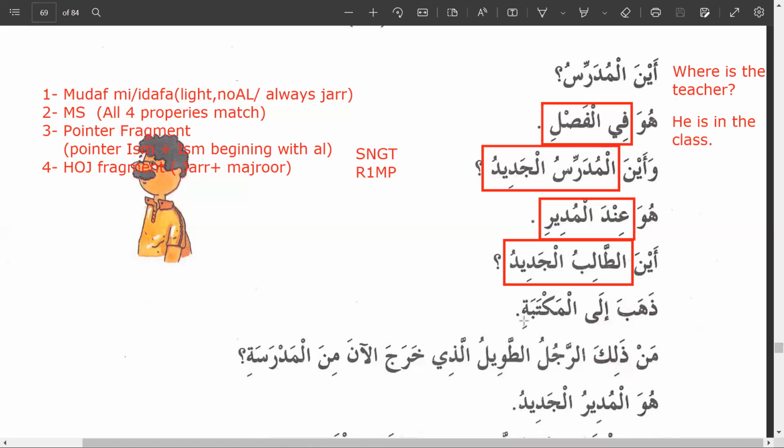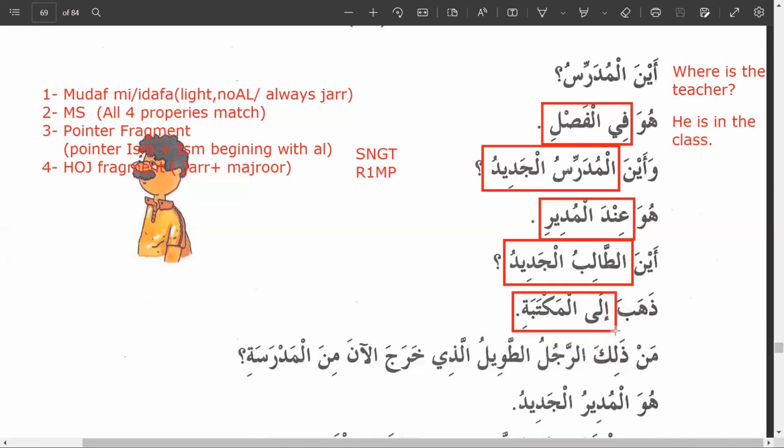Okay. So ilal maktabati, he went to the library. And ilal maktabati is what? Which fragment? It has harfjar, so jar majroor.